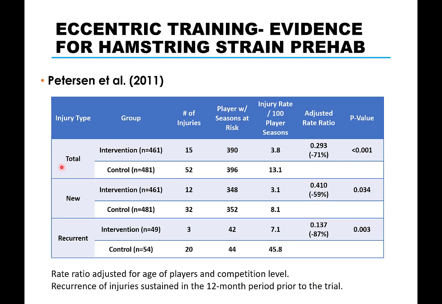When looking at all injuries, new or recurrent, the intervention group had significantly fewer injuries than the control group. They also had a significantly lower injury rate per 100 players per season.